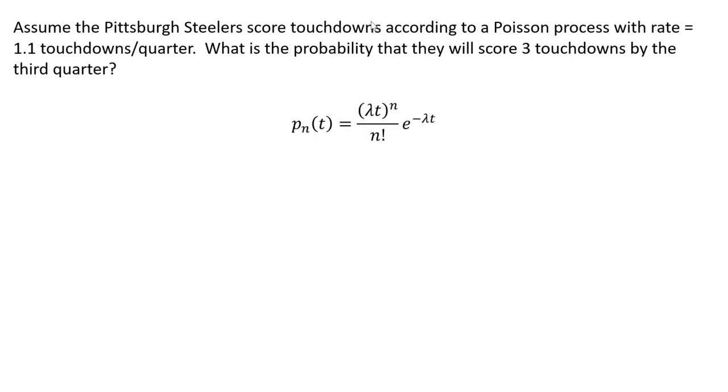So you use the Poisson function, which is lambda t raised to the nth power over n factorial times e raised to the negative lambda t. In this case, you have to plug in 3 separate values: t, which is 3, lambda, which is 1.1, and n, which is 3.